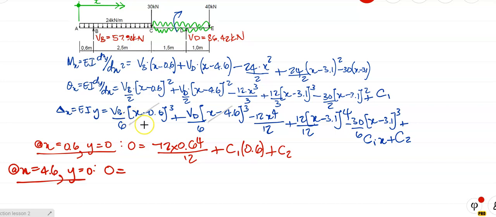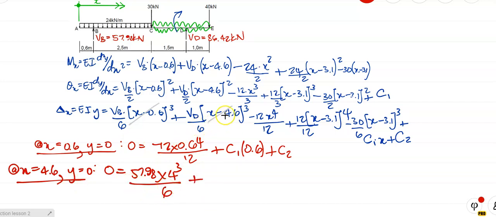Right, that's going to be 0. VB is 57.98, so it's 57.98 times, what's 4.6 minus 0.6? It will be 4 to the power 3 over 6, plus.